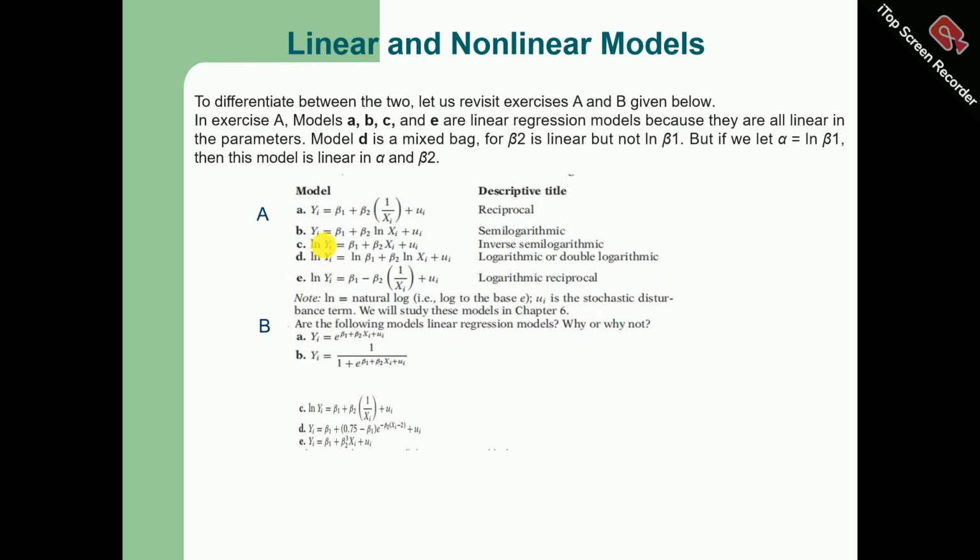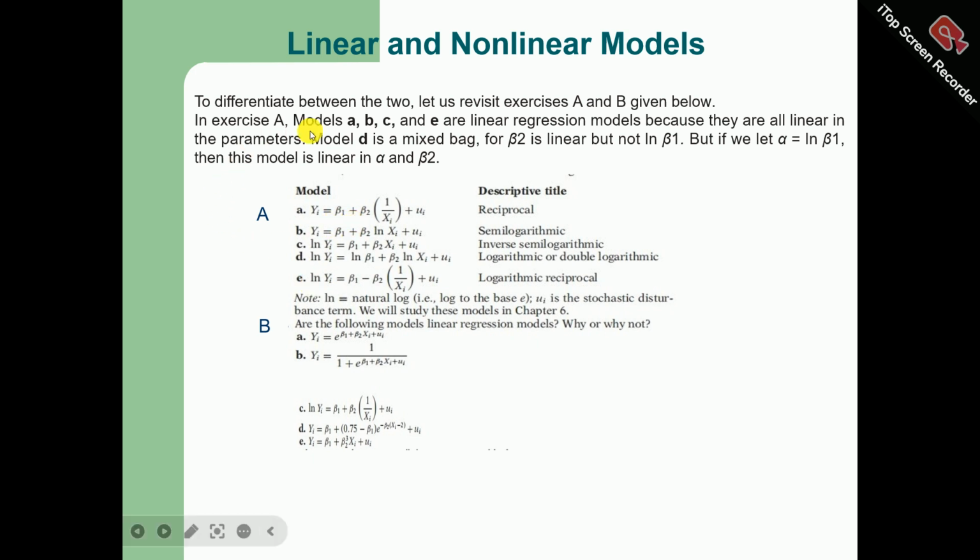Now, what about model D? This model D is a type of mixed bag, because beta 2 is linear in this model, but natural log of beta 1 is not. But if we transform this model in such a way that we write alpha instead of natural log of beta 1, then this model also becomes linear.